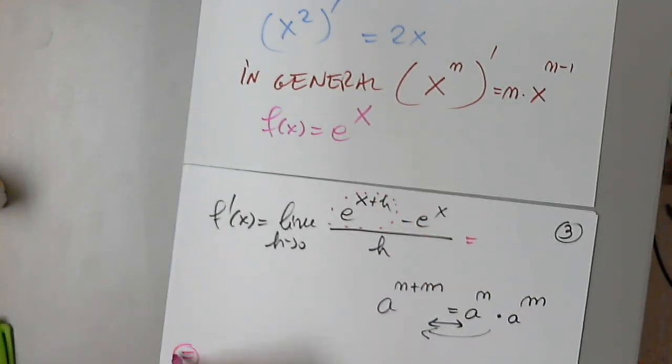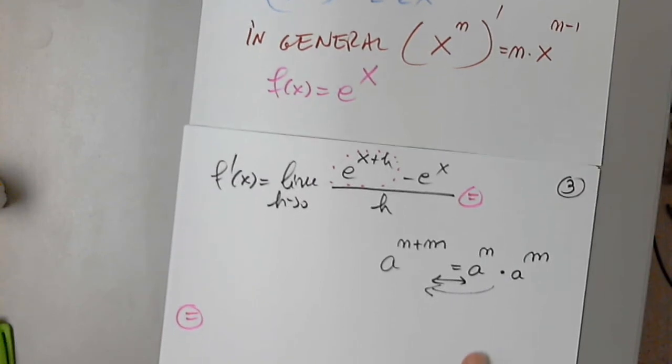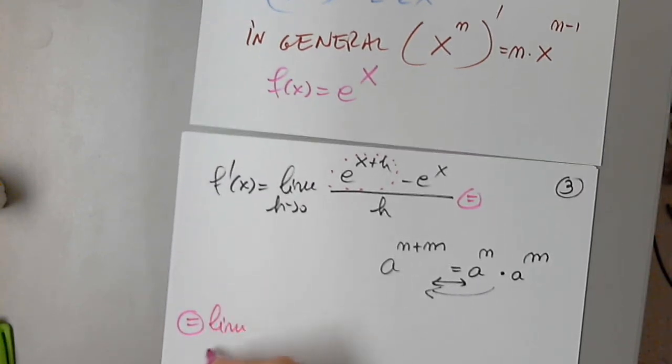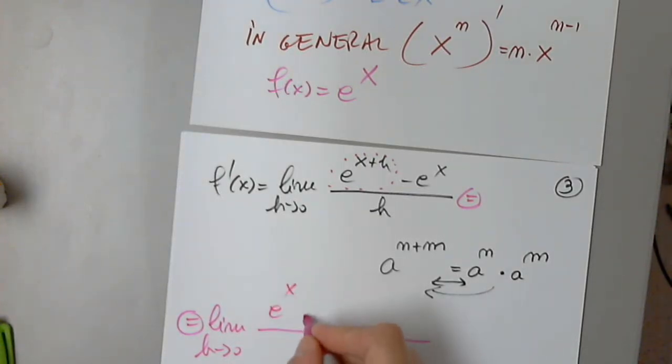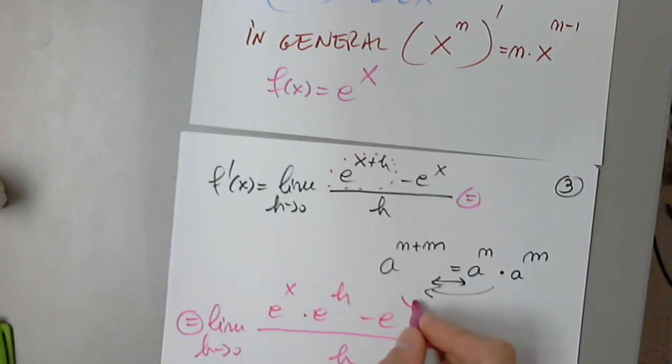And what will you say? I should write limit as h approaches 0 of e to the x times e to the h minus e to the x. Perfect. Okay, now what is the next step, do you think?